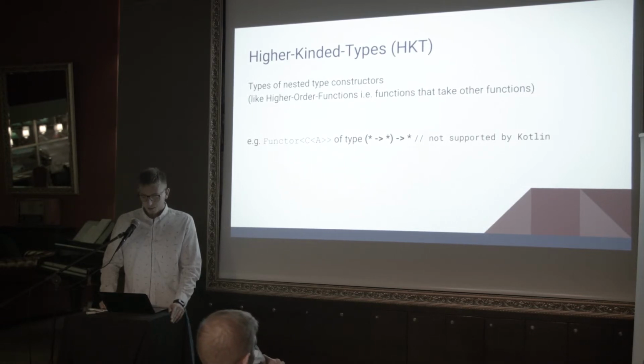An example of a higher kinded type is Functor of F of A, which is asterisk to asterisk and then to asterisk. And higher kinded types aren't supported by Kotlin, also by Java and many languages. In fact, they are supported by Scala, but that's a different story.